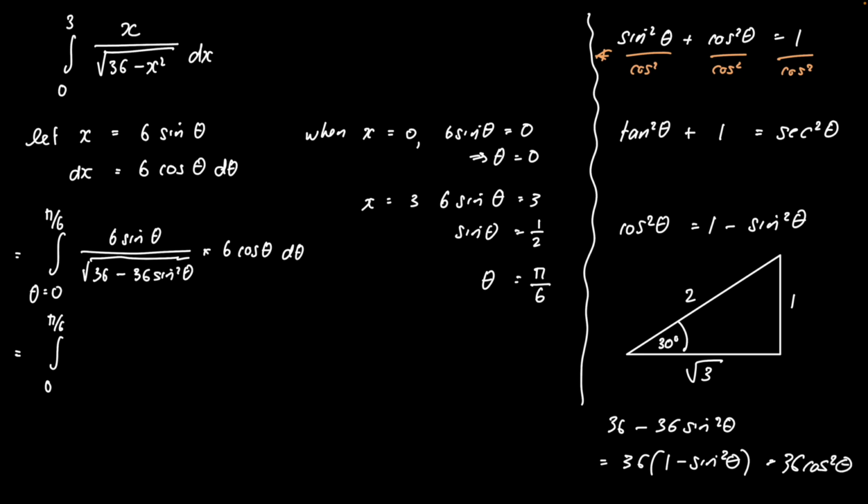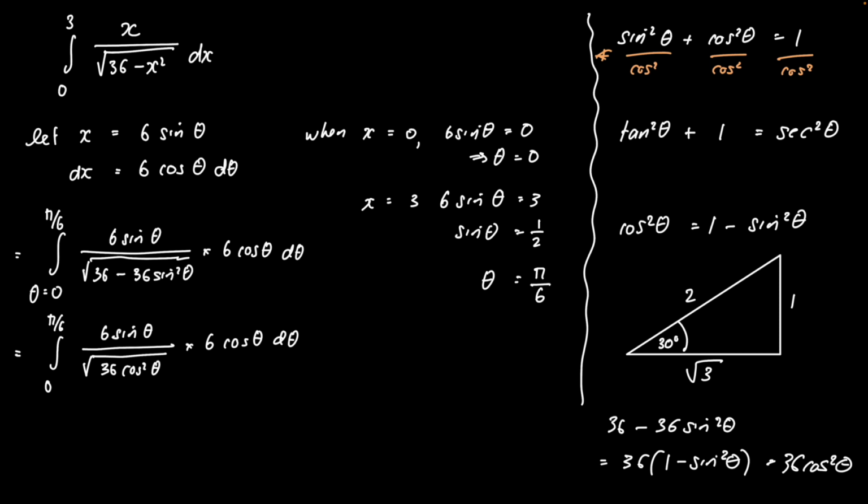So this equals 6 sine theta over the square root of 36 cosine squared theta, and that's all times 6 cosine theta d theta. Now, slight problem here.